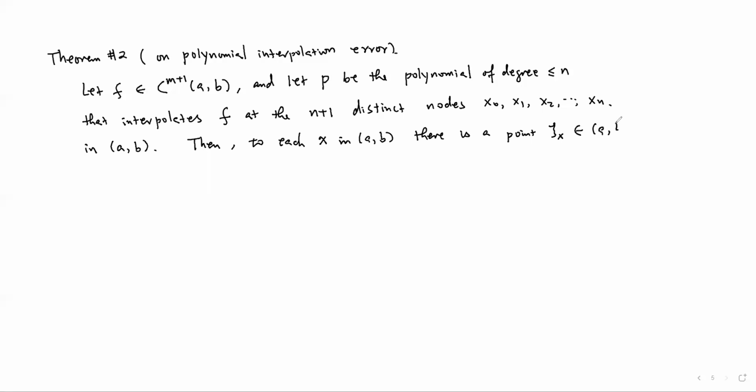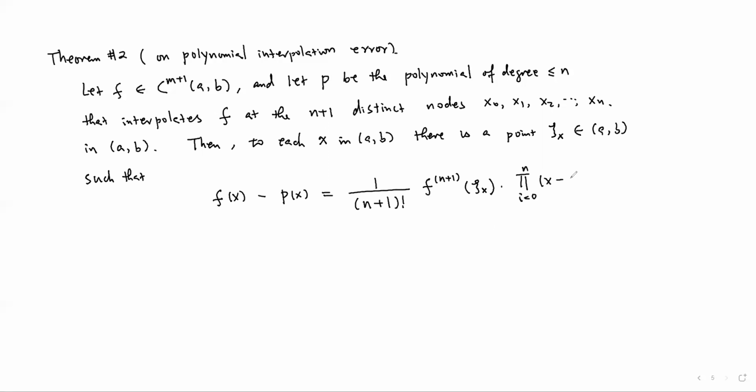This point is also in the open interval (a, b), such that the function at x minus the polynomial at x is equal to 1 over (n plus 1) factorial, the error term similar to the error terms in Taylor's theorem, times f differentiated n plus 1 times, evaluated at the point psi of x, times, very similar to Taylor's theorem, the product over i from 0 to n of (x minus xi). Yeah, this is the error term.